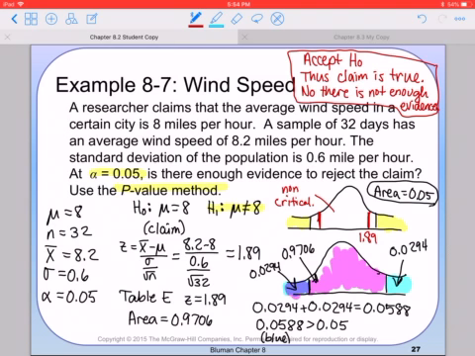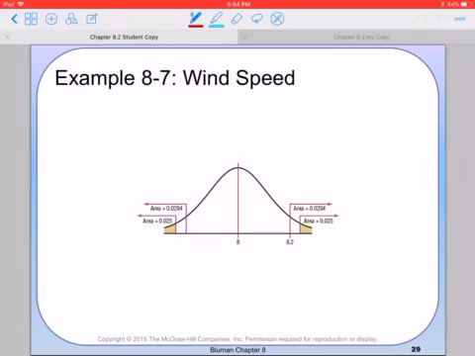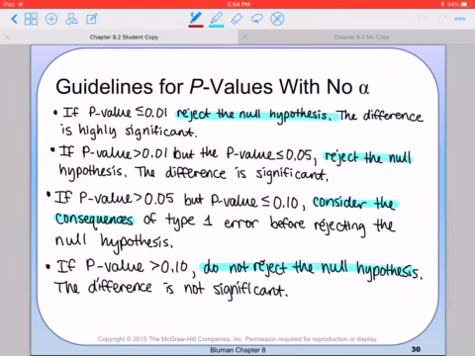So there's a couple more things that I wanted to say. Basically, sometimes you have p-values, but you don't know what alpha is. So here's some different cases. You guys can pause the screen and write it down. If the p-value is less than or equal to 0.01, then you reject the null hypothesis no matter what, because the difference is highly significant.